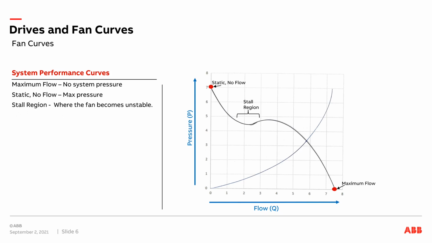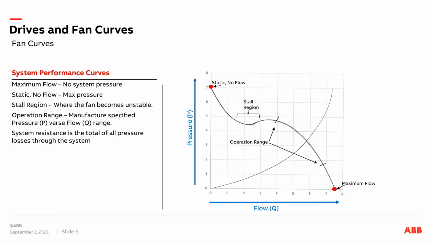When this is graphed, from the maximum flow to the static no flow section, the manufacturer will discover where a stall region occurs, and this is where the fan becomes unstable. The operation range the manufacturer specified is pressure versus flow, and this is the range that the fan is designed to operate in. System resistance is the total of all pressure losses throughout the system.